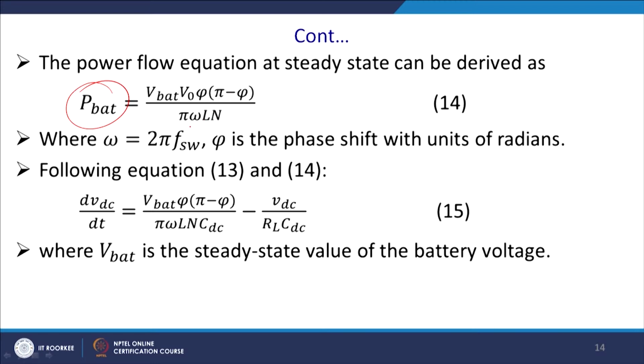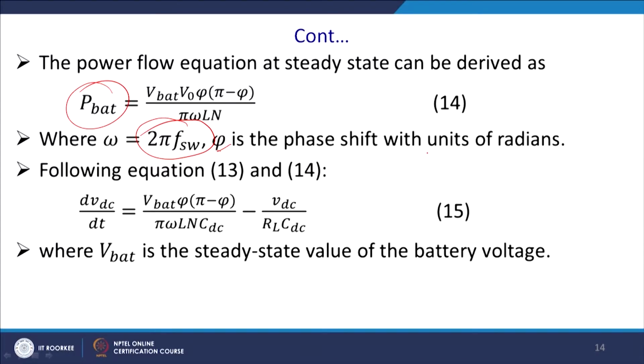It is quite fast, it is the switching frequency of the converter. That depends: if it is an IGBT based system, the switching frequency can be 10 to 5 kilohertz, and phi is the phase shift between this unit in radians.